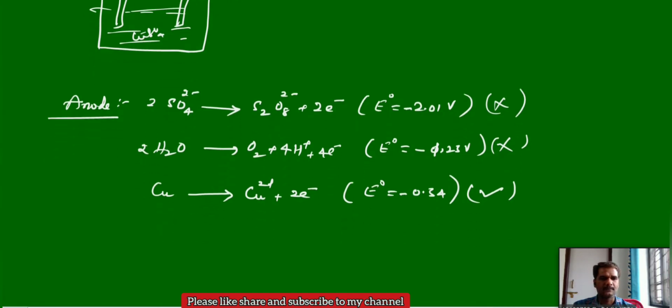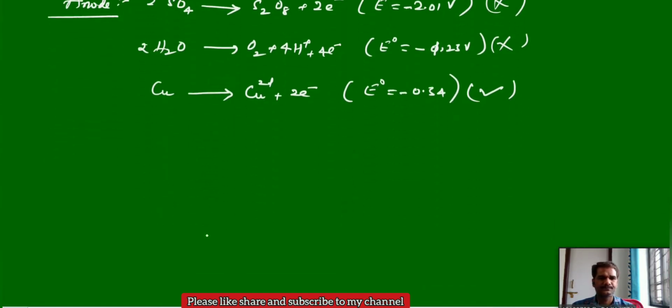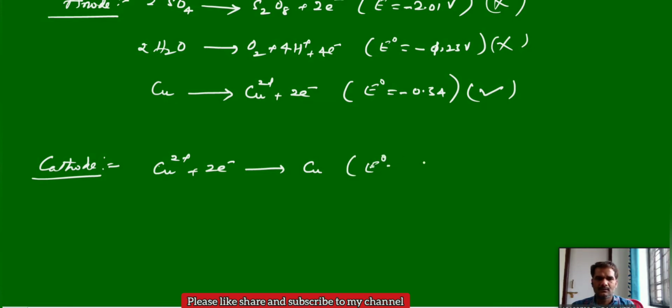Similarly at the cathode. What happens at the cathode? You have the Cu2+ ions and the water. As usual, Cu2+ ions will take up electrons and be reduced to form copper, whose reduction potential value is plus 0.34. So this is the reduction potential, for the cathode.